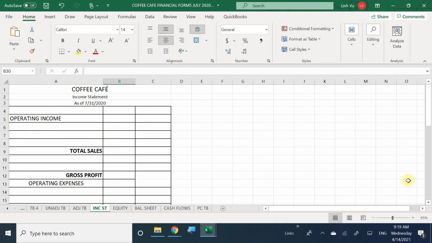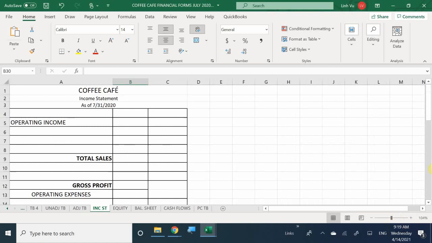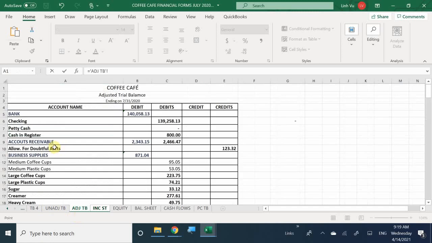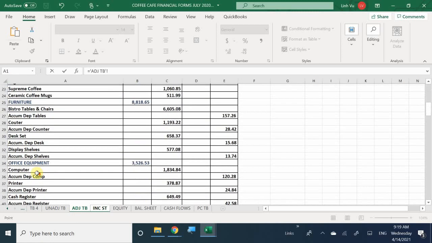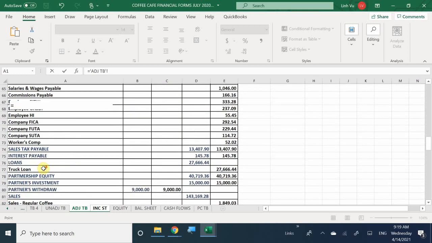All right, if you guys remember what the income statement does, okay? Let's go over it. Here's the income statement. What's the first thing I need to recognize under my operating income? Sales, good. So I'm going to go to my adjusted trial balance to locate my sales.